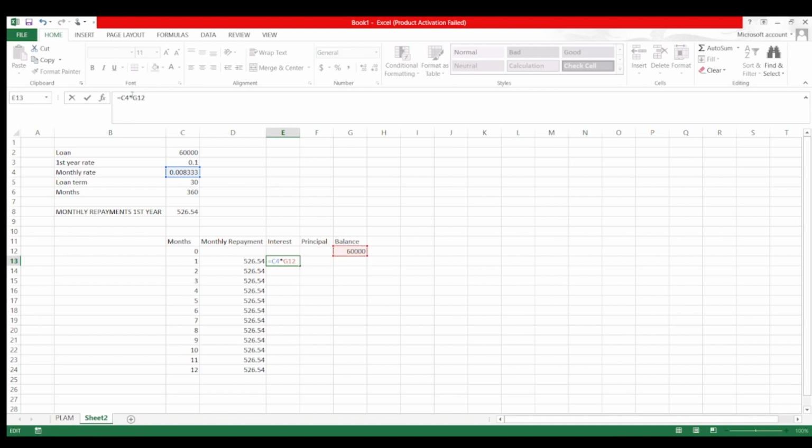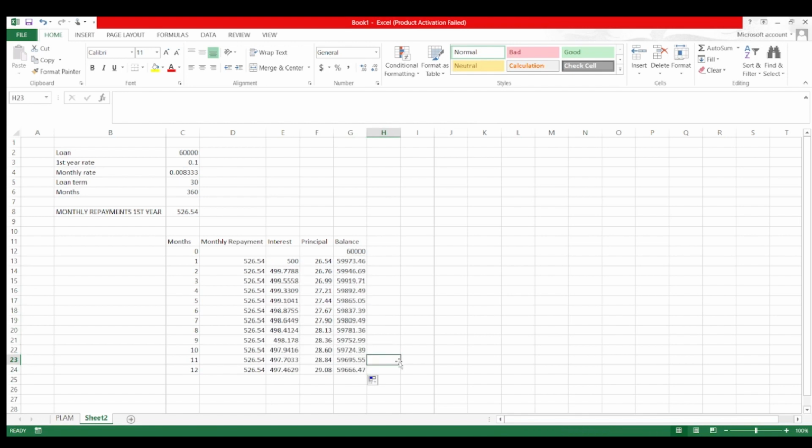So for this monthly rate, you need to lock it in so that you can easily drag our formula and save a lot of time. Now the principal, we simply take the monthly repayment less the interest payment. And for the balance, we take the earlier balance less the principal payment for that period. Now with that, you can simply drag this down.